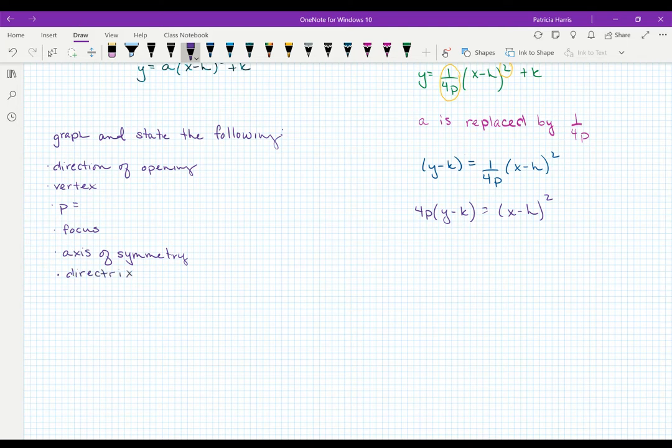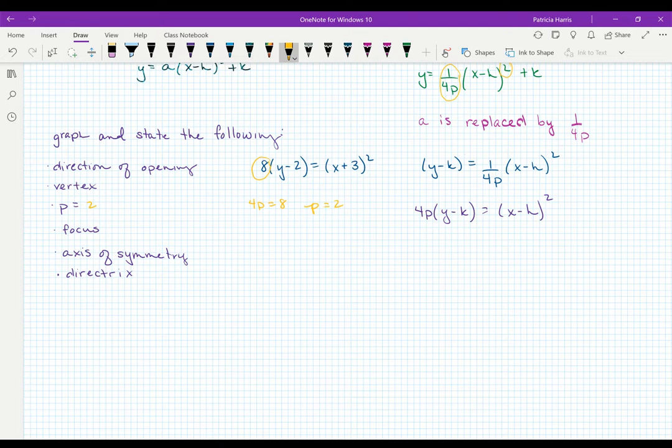Okay, so now let's give you an equation. So you'll notice that I wrote it in this form. So this right here is equal to 4p. So that means p is equal to 2.